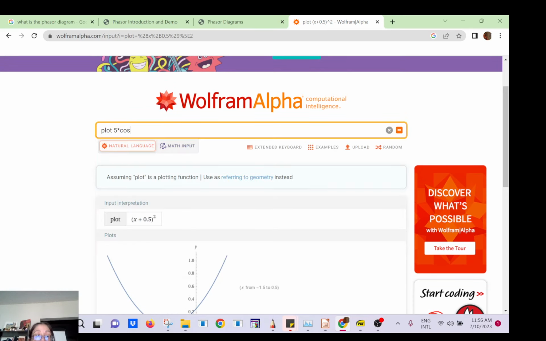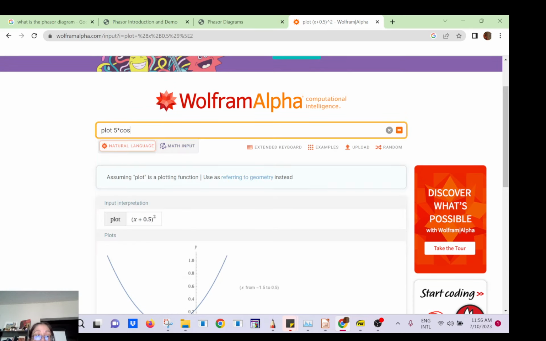Five times cosine. First of all, if I shift everything by 2 pi, I should not have any difference, right? So times t over 3 minus 2 pi or plus 2 pi for t between 0 and 15.